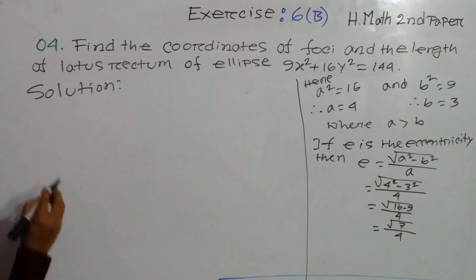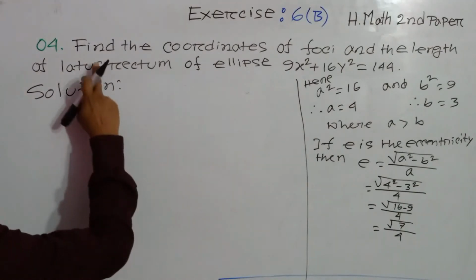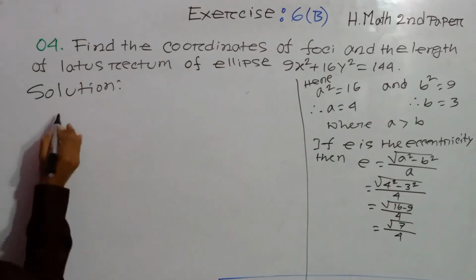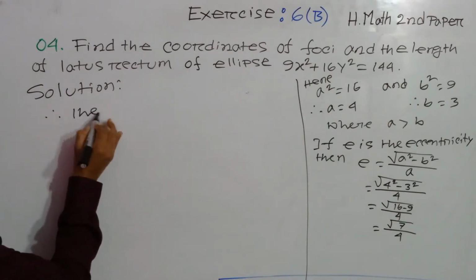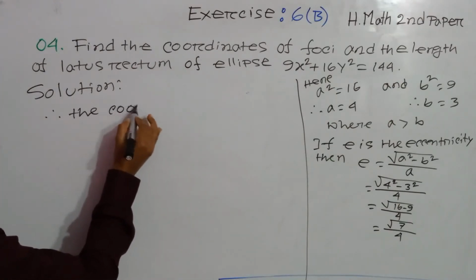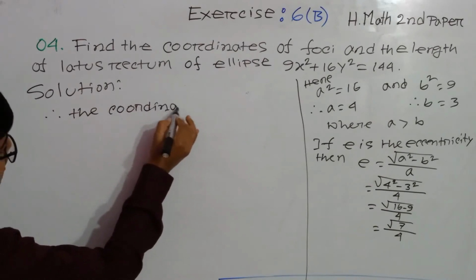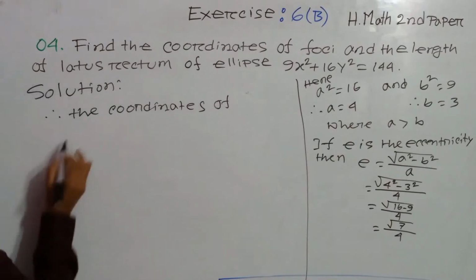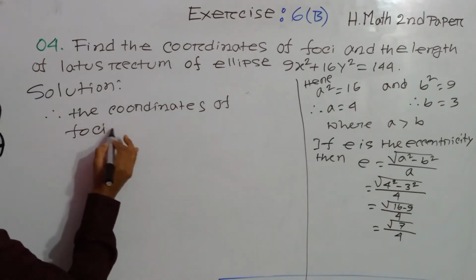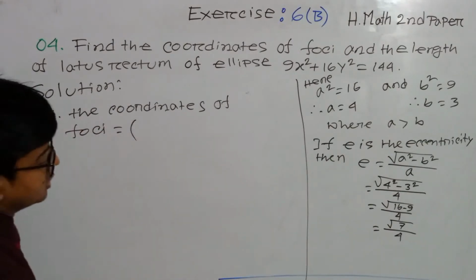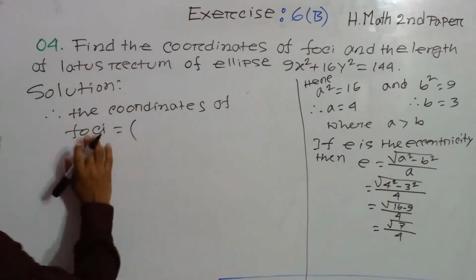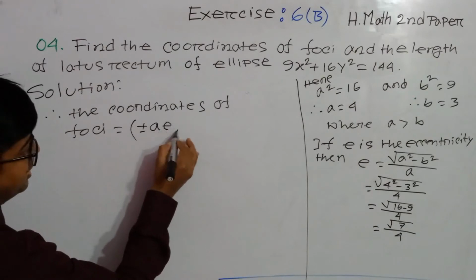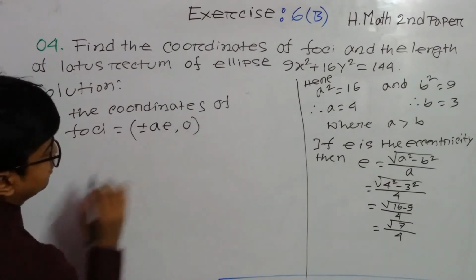Now we can find out the coordinates of the foci. So we can write the coordinates of foci equals, by the formula of foci, plus minus ae, comma 0.